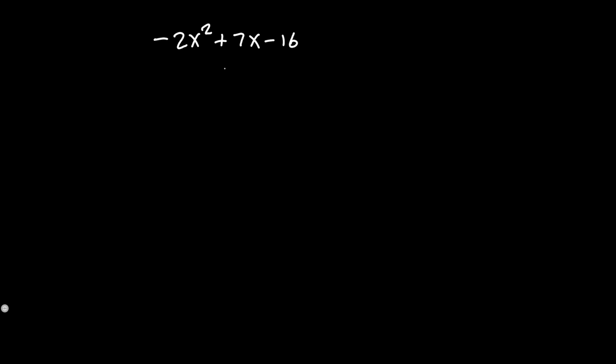So here we have our discriminant is equal to 7 squared minus 4 times negative 2 times negative 16.